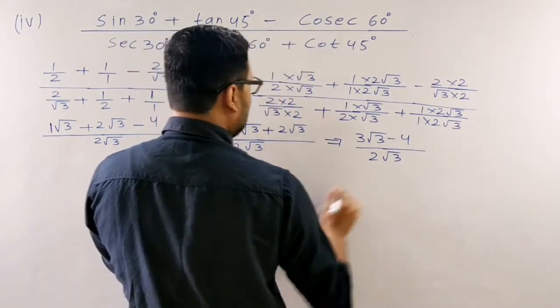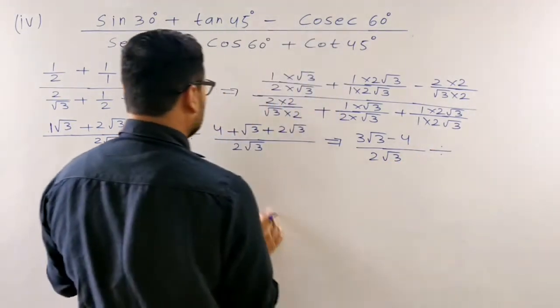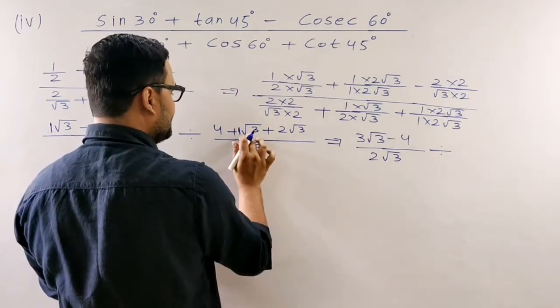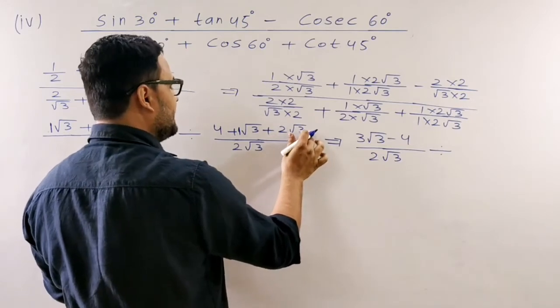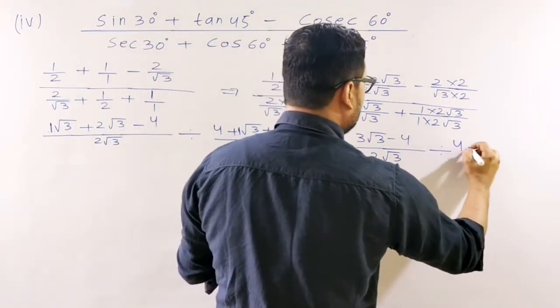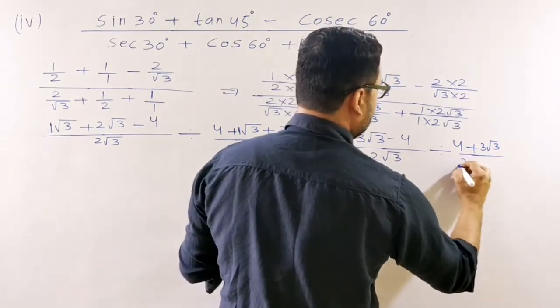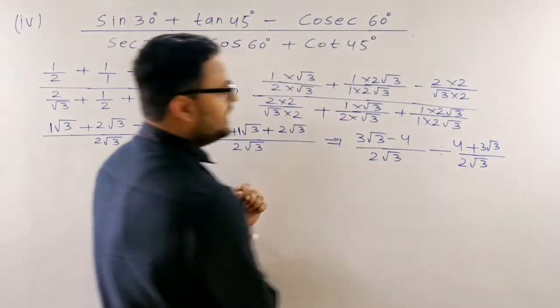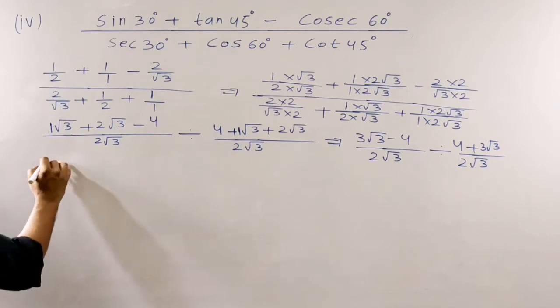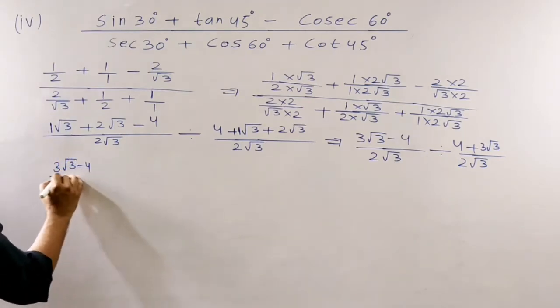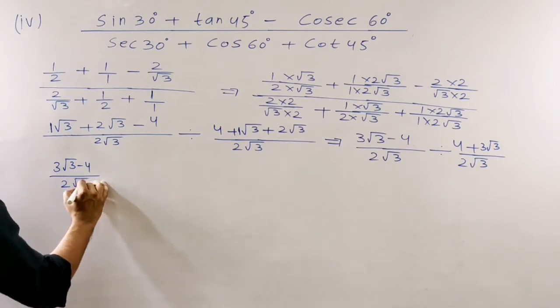Then I can do one more step. I'll continue. Now again, root 3 means again 1 root 3. So 1 root 3 plus 2 root 3, I got 3 root 3. It means 4 plus 3 root 3 and divide by 2 root 3. When we continue, we will get 3 root 3 minus 4 by 2 root 3, divided by 4 plus 3 root 3 by 2 root 3.